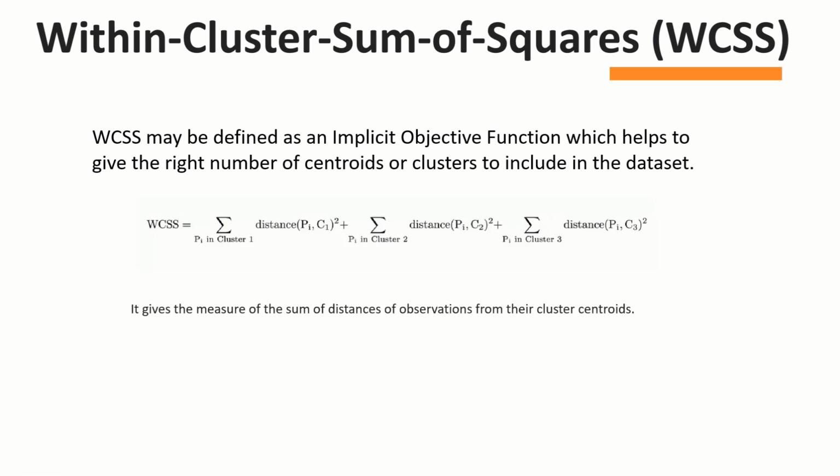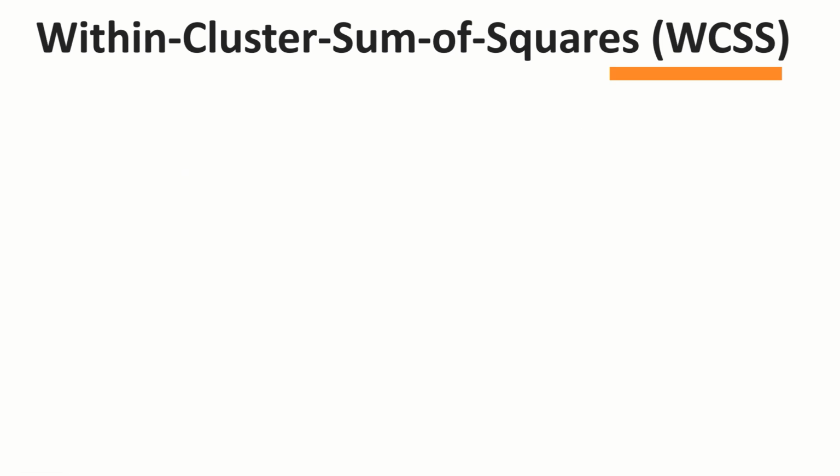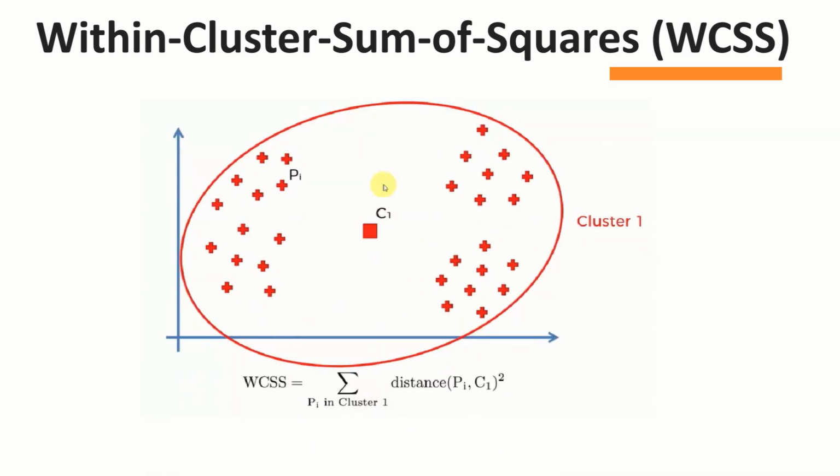Basically we are going to use this formula to identify how many clusters are needed in this data set, because every data set requires a different number of clusters, which we do not know. So for example, if this is the centroid and it only has one cluster, it means that it is not good because the WCSS is very huge, very high. You see, the distance from the clusters to the centroid is very far away. So this is not good, right?